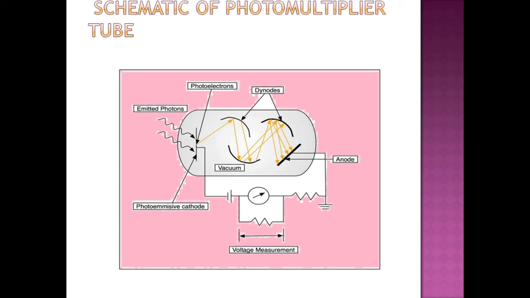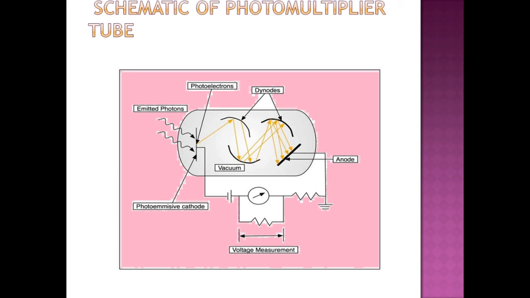This is the basic thing. Then when electrons strike the surface of the first diode, for each electron the first diode emits 2 to 5 electrons. So the number of electrons is more.